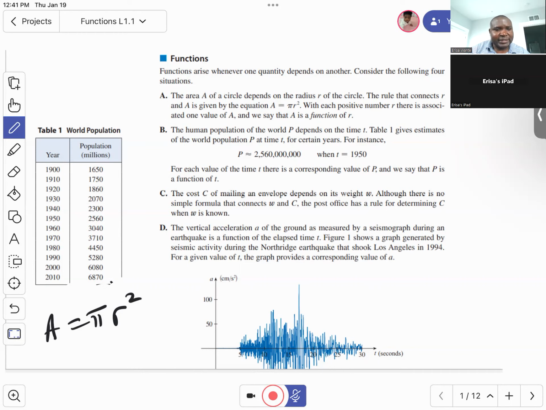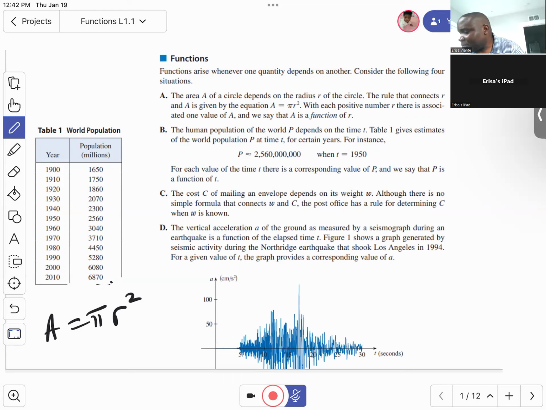In the 1930s, we had 2.07 billion people. And in 2010, the population was 6.87 billion. So the population is going up with time, and therefore we say that the population is a function of time. Okay, so we have different scenarios.